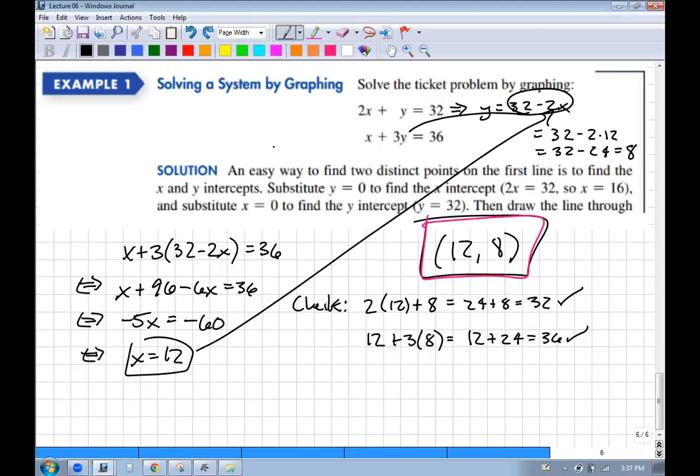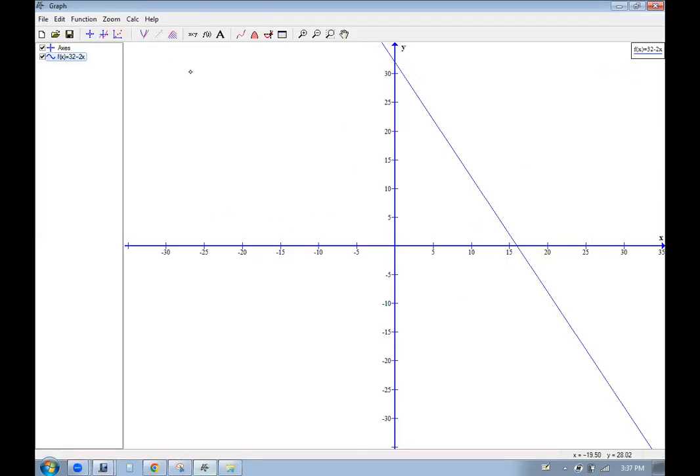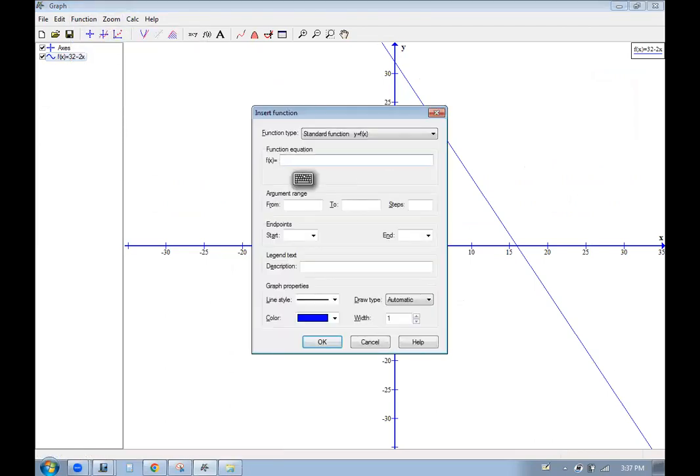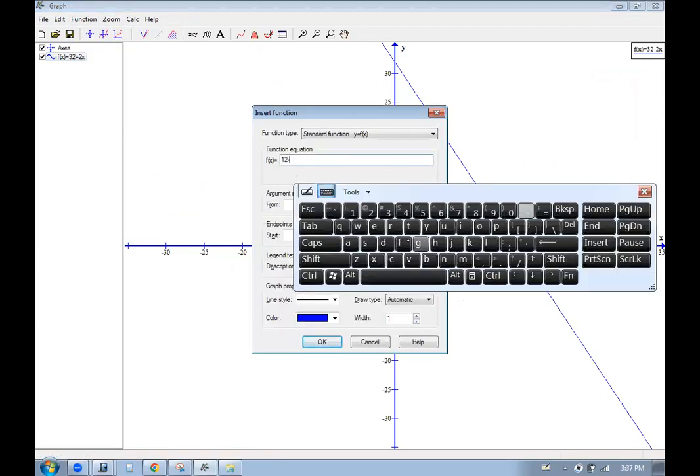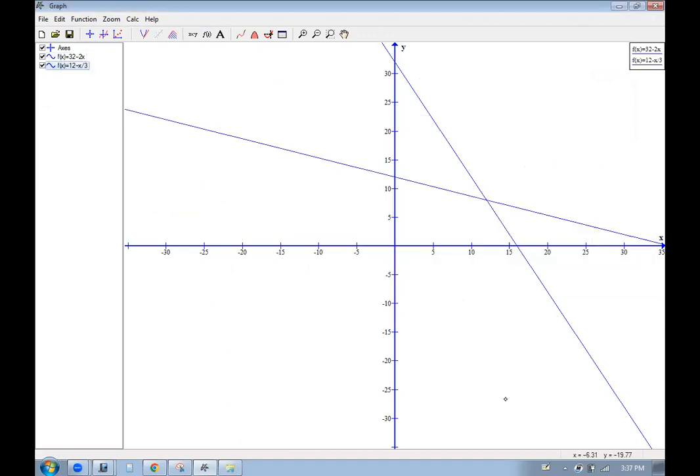Let's see, I would have 3y equals 36 minus x. Divide both sides by 3. 36 divided by 3 is 12. So I have 12 minus x over 3 is the second one. Boom.